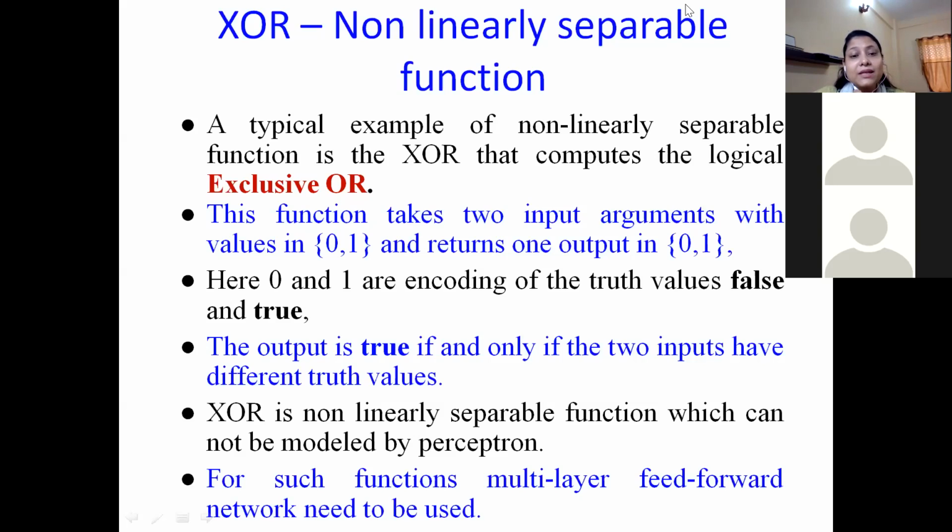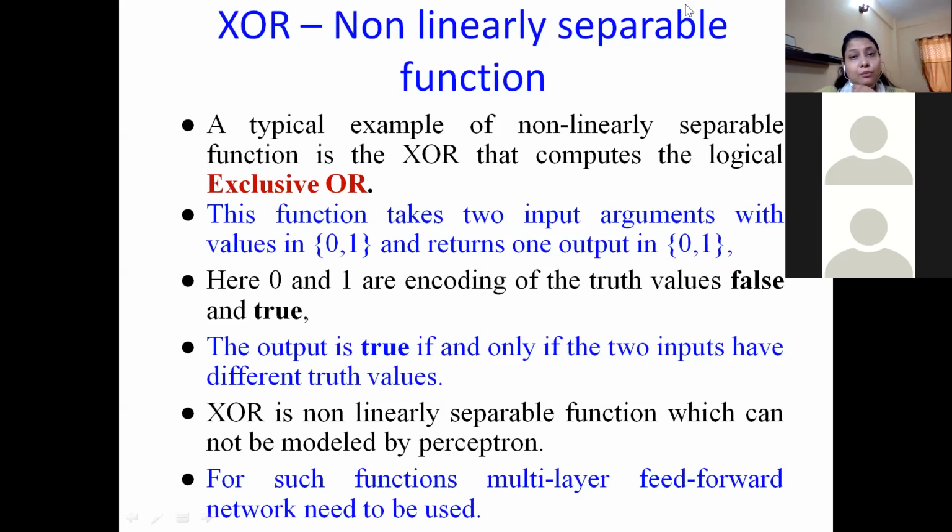These zeros and ones are nothing but the truth values, false and true, in soft computing logic. The output is true only if the two input values hold different truth values. Whether it is a 0-1 combination or a 1-0 combination, only for these two combinations can the XOR function provide a truth value of output, that is, a 1.